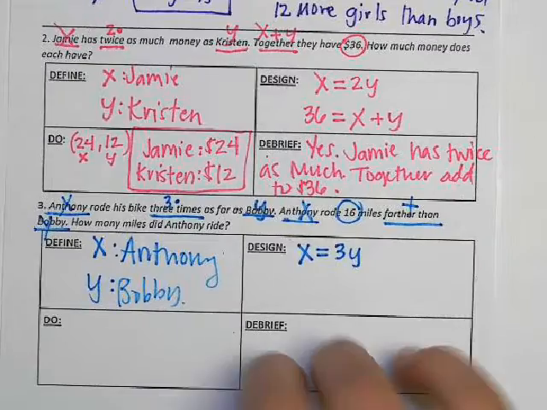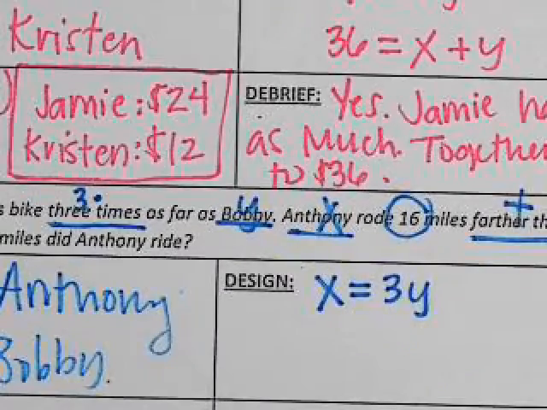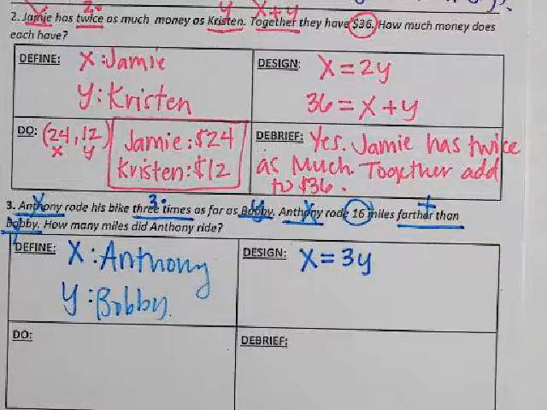Y. Okay, does this give me a total? No, it doesn't. Is 16 farther than a total? No. Okay, it doesn't say together they ran this or, okay, it just says he went 16 farther than the other one. It doesn't tell me how many total miles they rode.